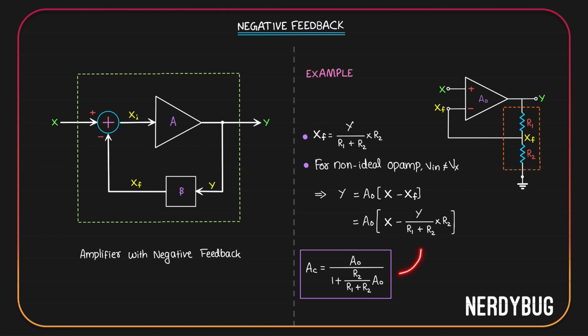Now, if you look at this equation, you can see feedback factor beta is over here. We can write the equation like this. Closed loop gain is open loop gain divided by 1 plus beta times open loop gain. Gain got reduced by 1 plus beta A, just like we expected. In this example, beta or the feedback factor is R2 divided by R1 plus R2.